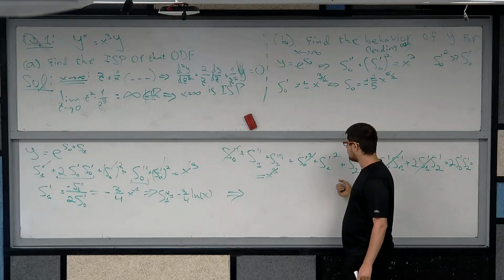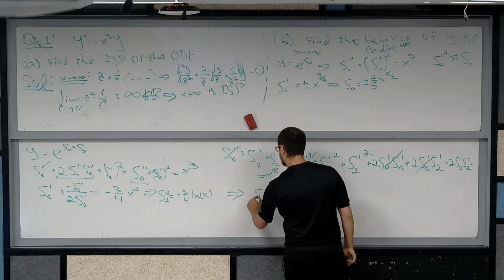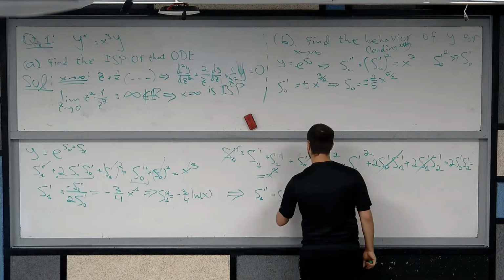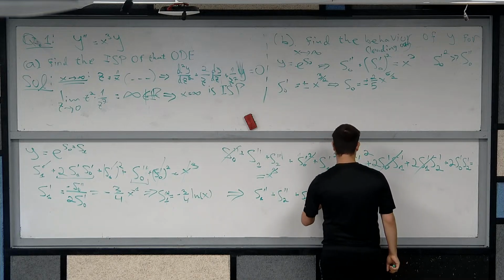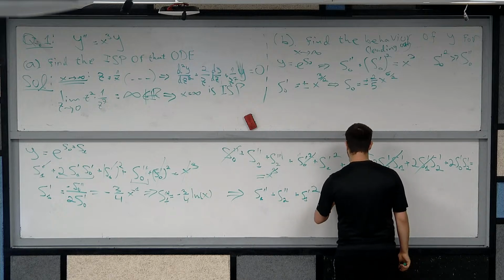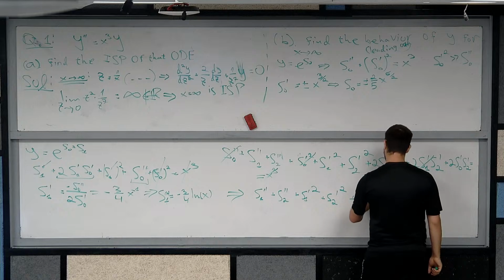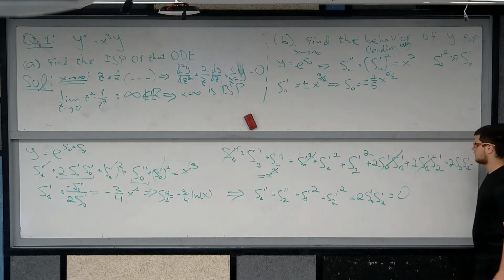And from here, let's write the equation. We have S1 double prime plus S2 double prime plus S1 prime squared plus S2 prime squared plus 2S0 S2 prime.